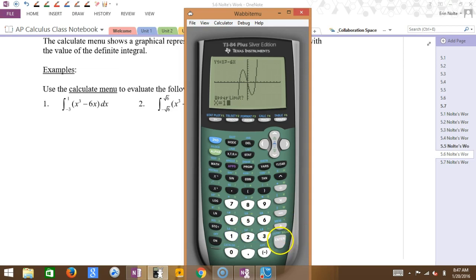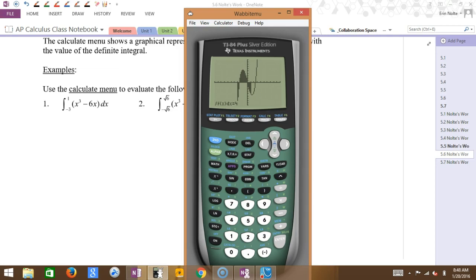Wait, how do you type it? Where did you get the -3? From the integral, see on question number 1. What do we type in after we graph? Syntax error. Did you get to the function part? No, -3 to +1. Do you see where I'm getting my function? Look at question number 1. The lower limit is -3 and the upper limit is +1.